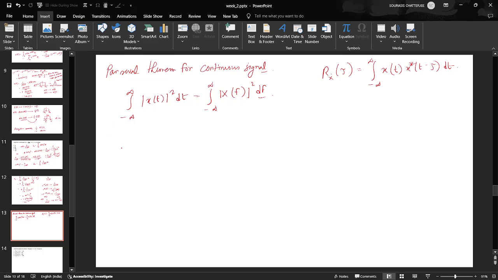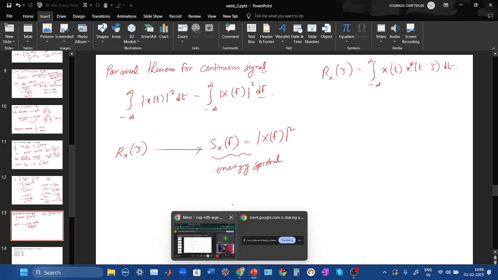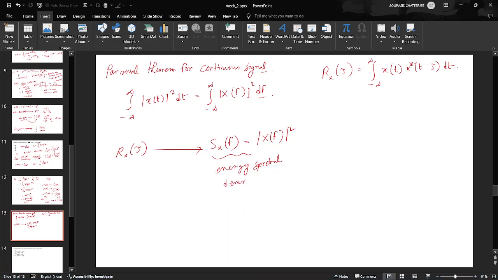And we have also seen that Rx(tau) in the frequency domain, the Fourier transform of the autocorrelation function, is given as Sx(f), which is absolute value of X(f) square. This term here is called energy spectral density. So this expression of Rx(tau) we already have.